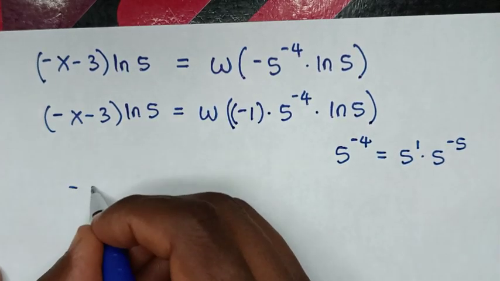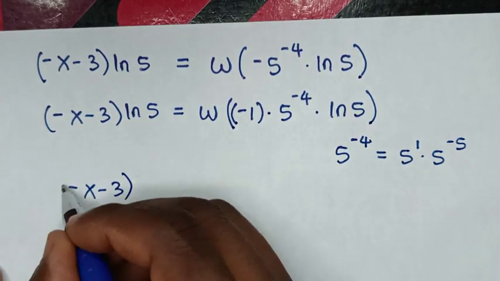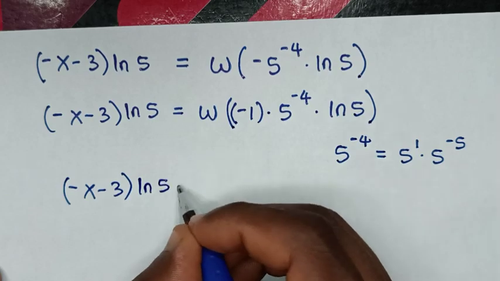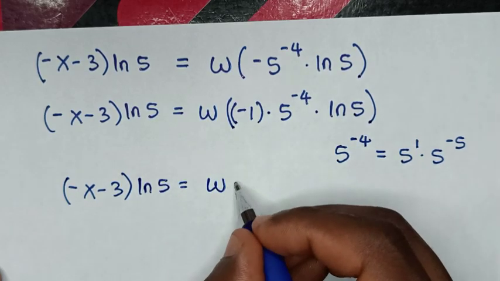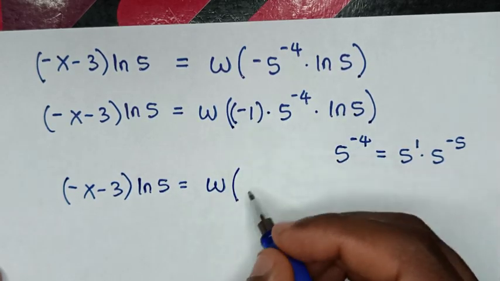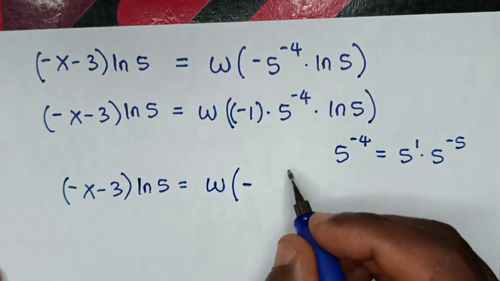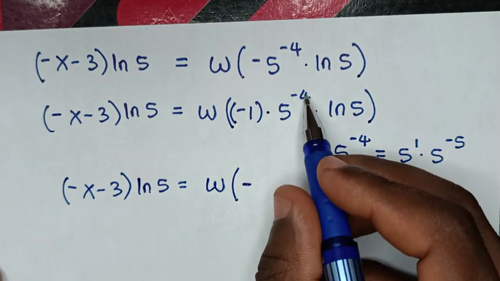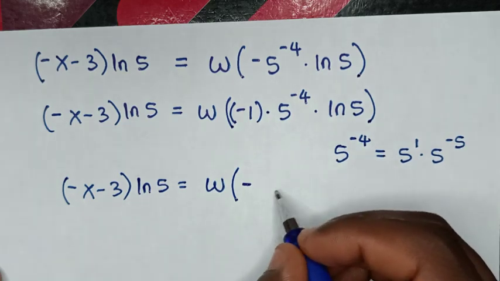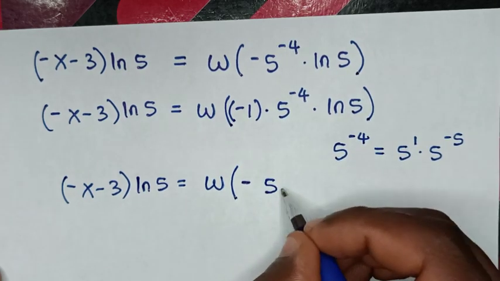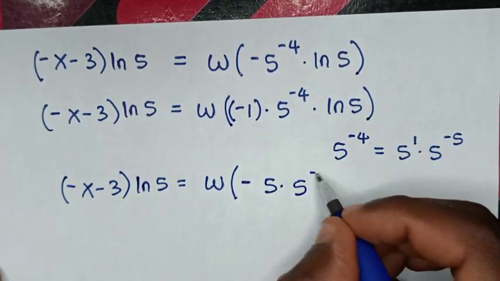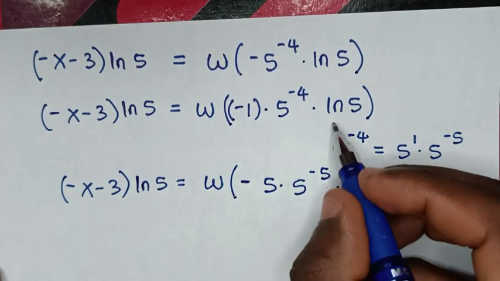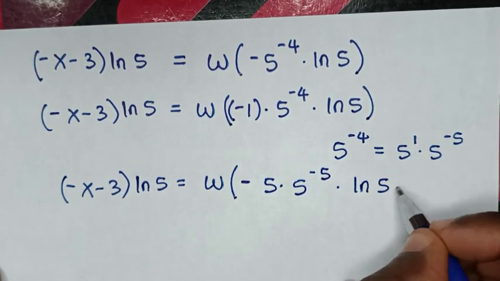So it will be (-x - 3)(-5) is equal to W of (-1), let's write 1, then 5 to the power of -4, we substitute this, it will be 5 to the power of 1, it is 5 times this 5 to the power of -5, then times this ln 5.